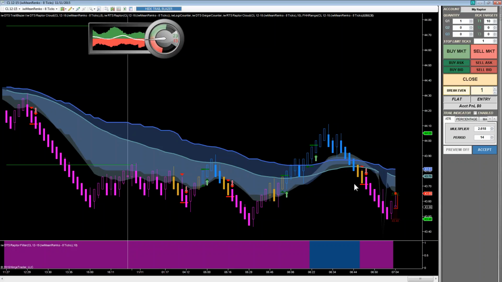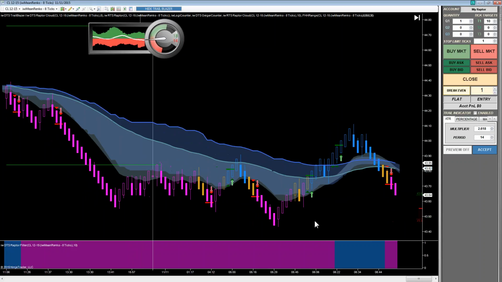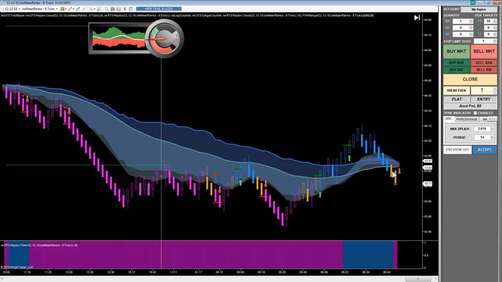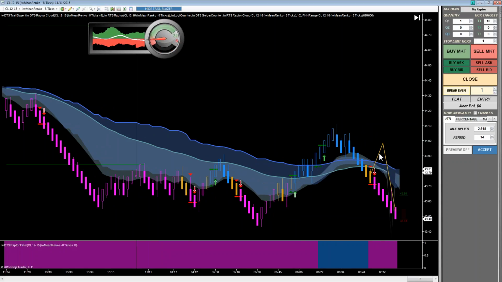Here's a trend change signal, but honestly, that would have been difficult to take real time. Why? Well, because no test to the extreme, right? How do I know prices will fail here? I haven't seen the buyers make their final push and fail. So that's why I said that one would be a little bit tricky to try to take real time.